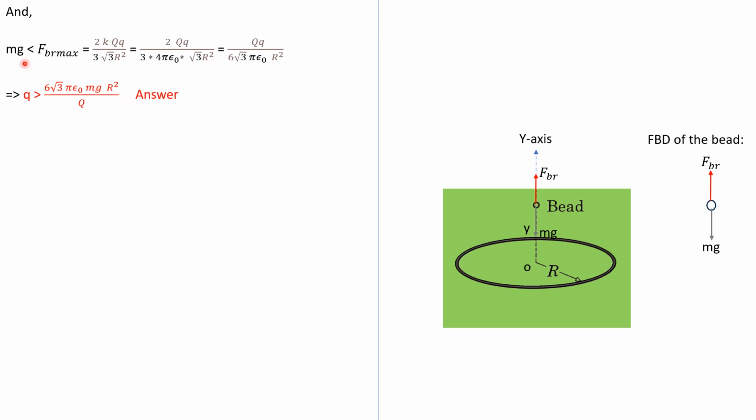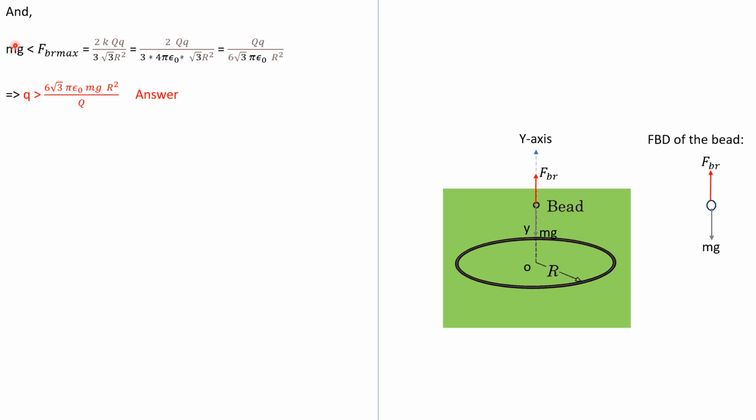And the second condition is that mg should be less than F_BR max. We will put in the value of F_BR max, and from here we get this expression: q should be greater than 6 root 3 pi epsilon naught mg r square in the numerator and Q in the denominator.